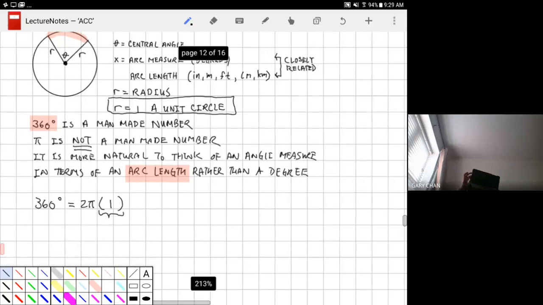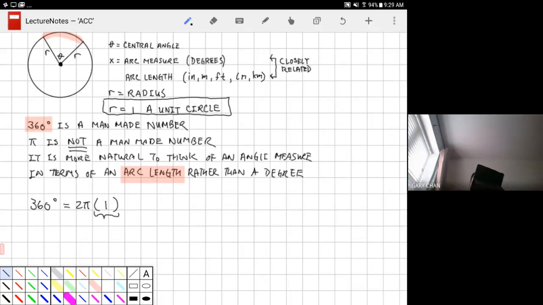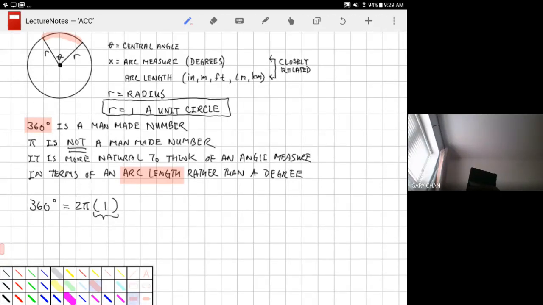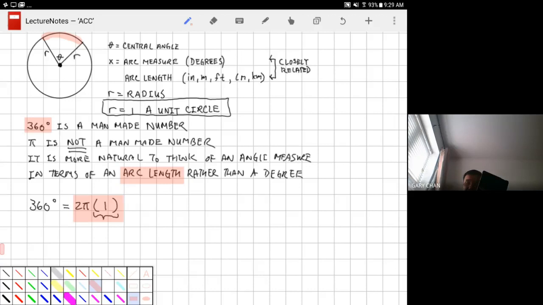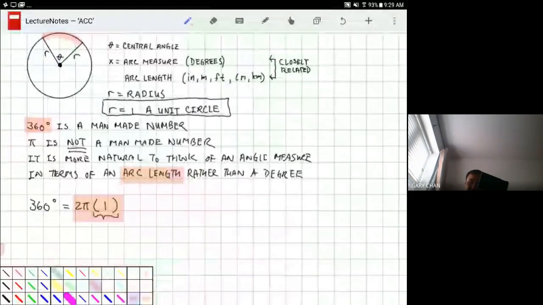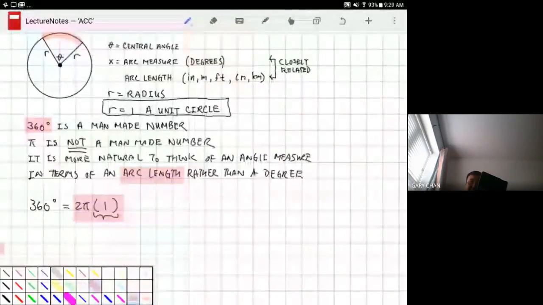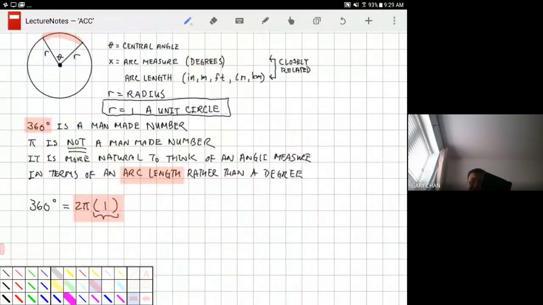But the reason I'm pointing this out is because this thing that Emmett just described for us, 2 pi times 1, is actually, what is that? Is that the area of the circle, or is that the circumference of the circle, guys? Circumference. This is the circumference of a full circle. And we understand that the circumference of a full unit circle corresponds to 360 degrees.